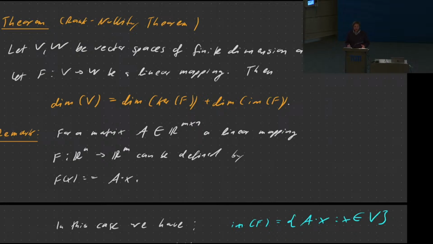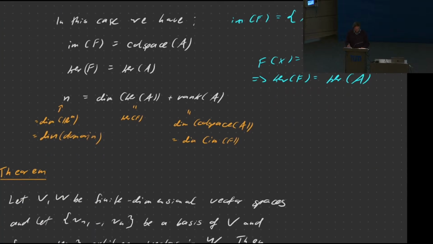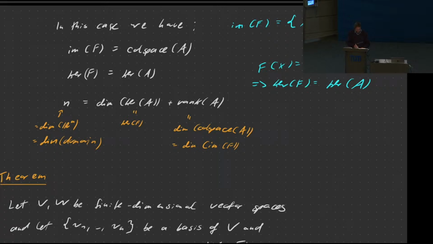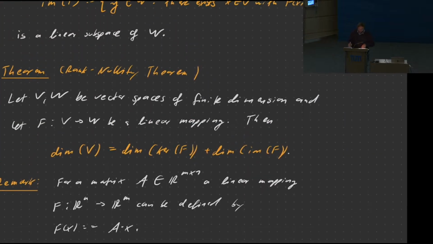And finally, you remember the rank nullity theorem that we've discussed for matrices already. You will remember, hopefully, for matrices, we had the relation that n is equal to the dimension of the kernel of a matrix plus the rank. So n is the number of columns, and the rank is just the dimension of the column space. And the same thing holds in a more general form for any linear mapping.